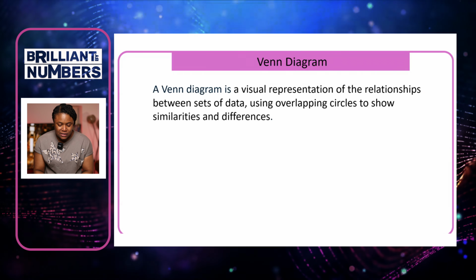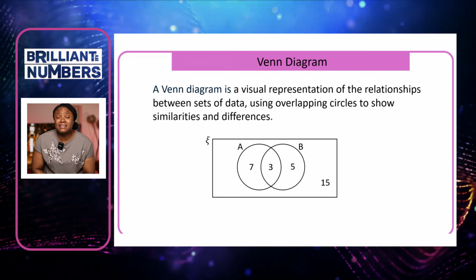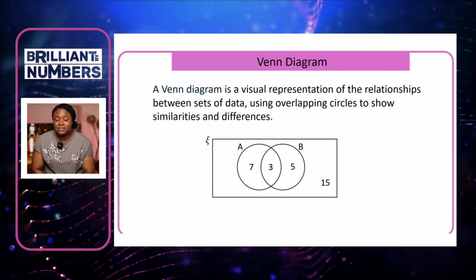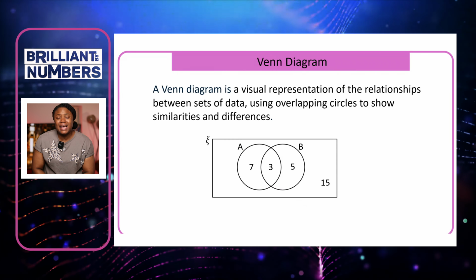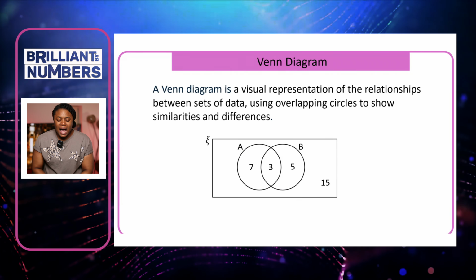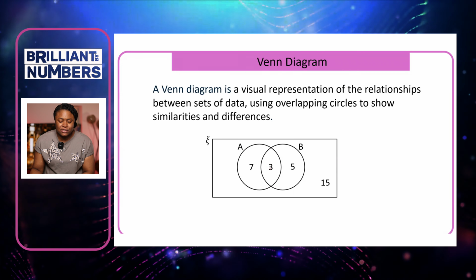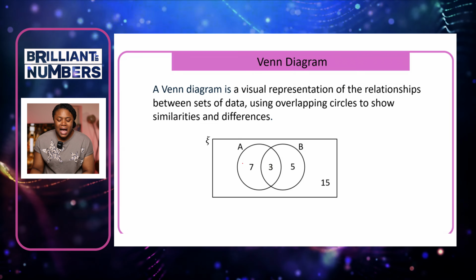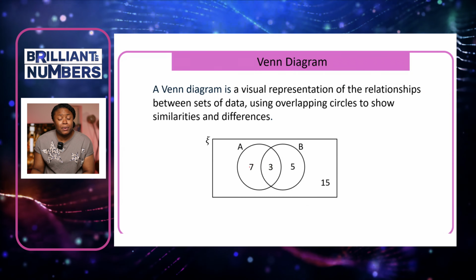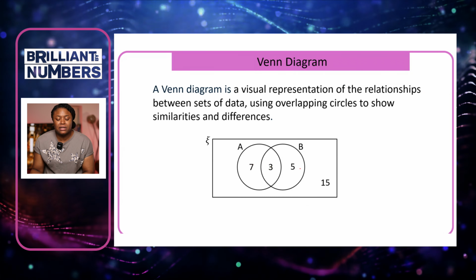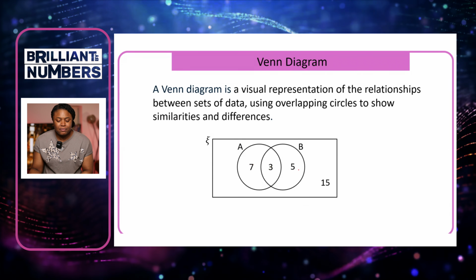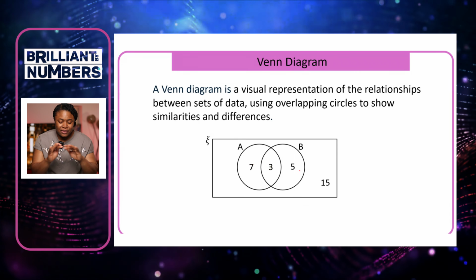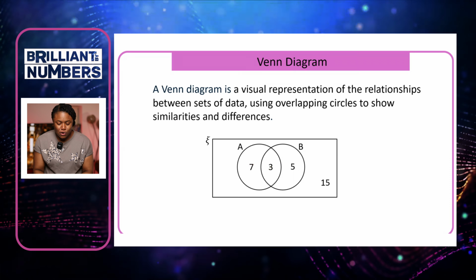So let's look at what this looks like. Here is an example of two sets. We've got set A and set B. In the middle we've got 3, so that would be the similarity. The parts of A only and B only are the differences. And we'll talk about the rectangle as we go along.